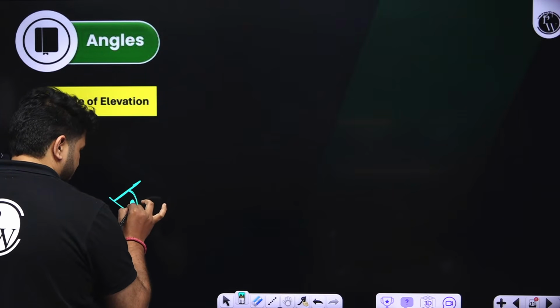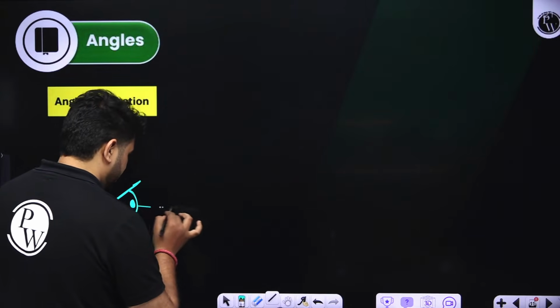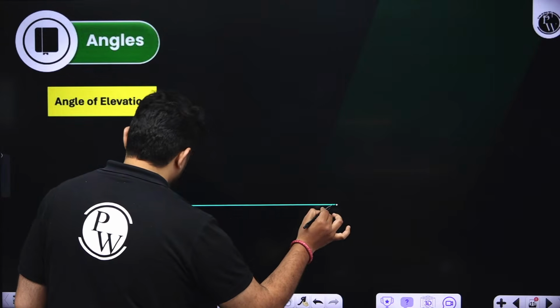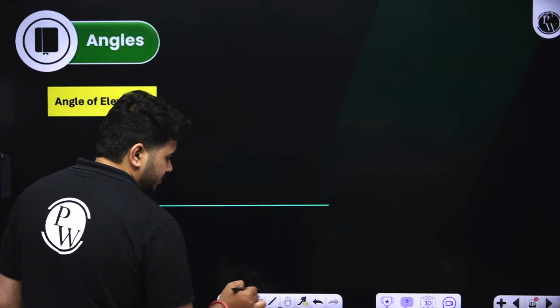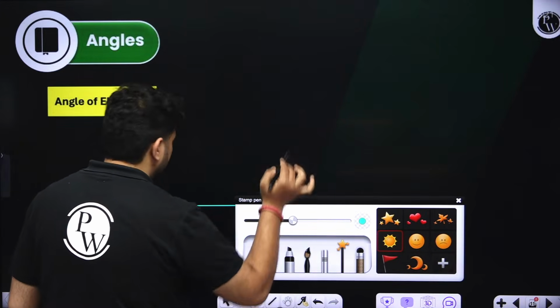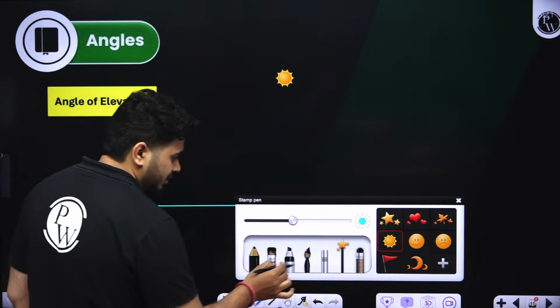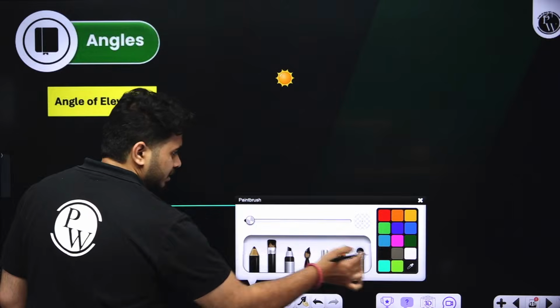Okay, then this will be his line of sight. Now if he is observing an object, this is his line of sight, or also we call it nothing but what?